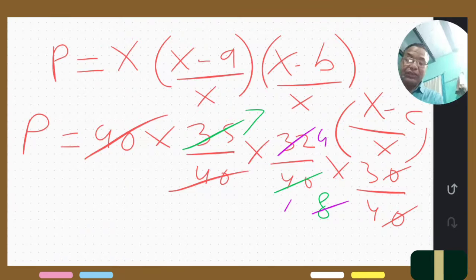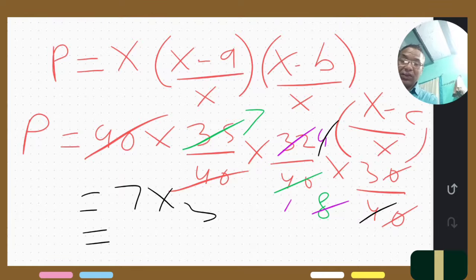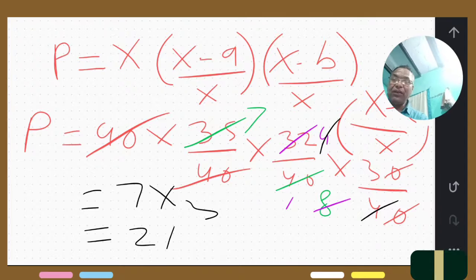This 4 will cut this 4. So we are left with only 7 here and 3 here. That is equal to 7 threes are 21. So in the last, the purity of alcohol left in the mixture will be 21 liters.